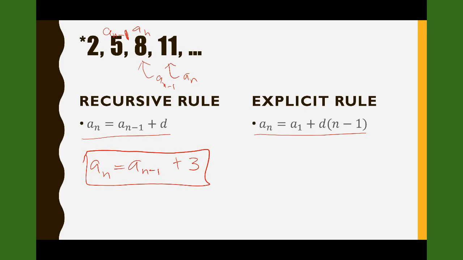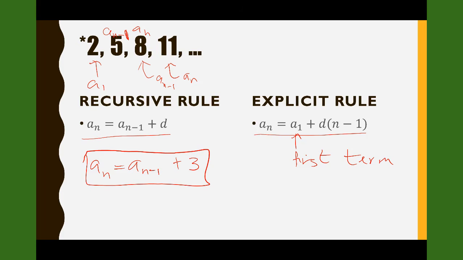For the explicit rule, it's almost the same thing. There's just a new symbol, the A sub 1. The A sub 1 means the first term or the first number. In our sequence here, 2 is the very first number, so that is what we call A sub 1.